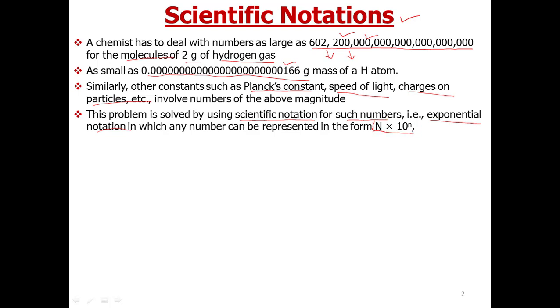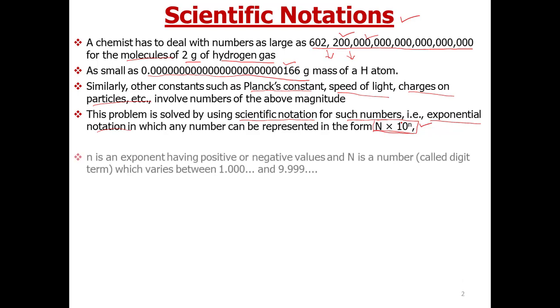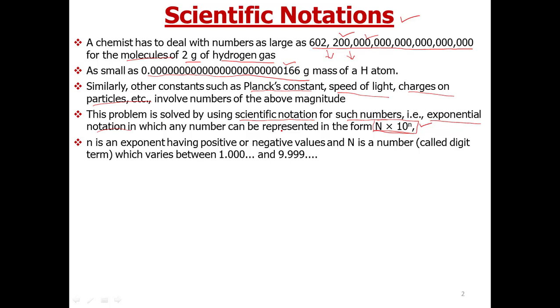We can represent any number in this form, where capital N is any number between 1 and 9.999, means between 1 and 10.